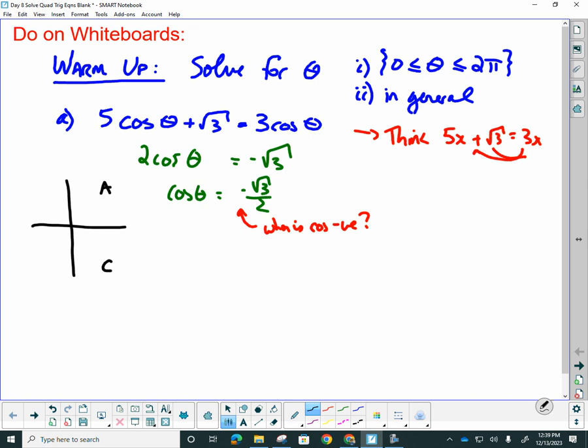And from the CAST or ASTC rule, we know that cos is negative in the first, no, not the first. It's everything's positive there. It's negative in this quadrant and this quadrant. And so we know there's one answer in standard position that goes here, and a second answer that goes all the way over here.